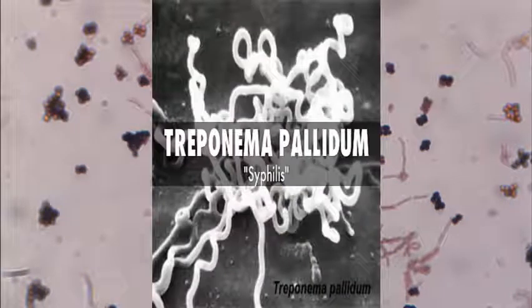It has 8 to 24 sharp and angular spirals at regular intervals of about 1 micrometer. It is actively motile, and under dark field microscopy it appears clear, almost white. That's why it's called Treponema pallidum.